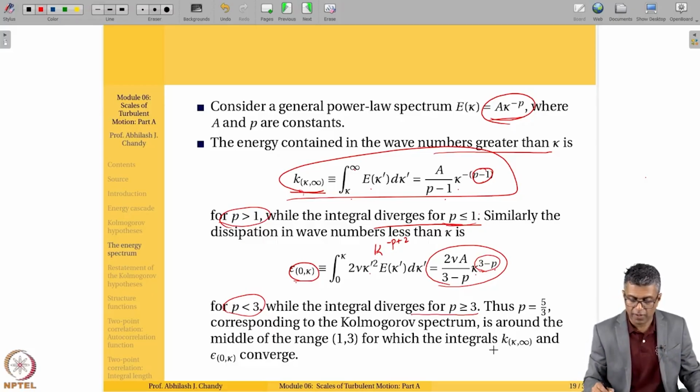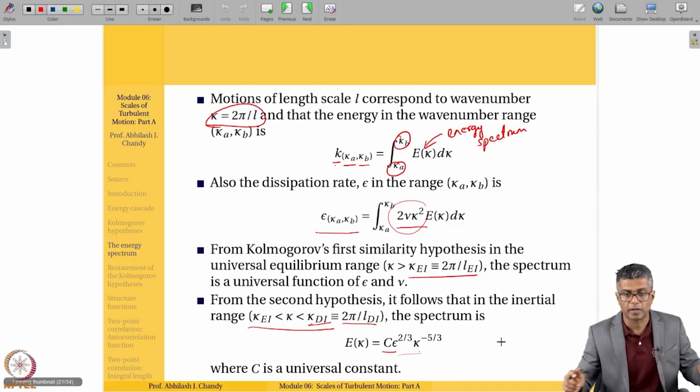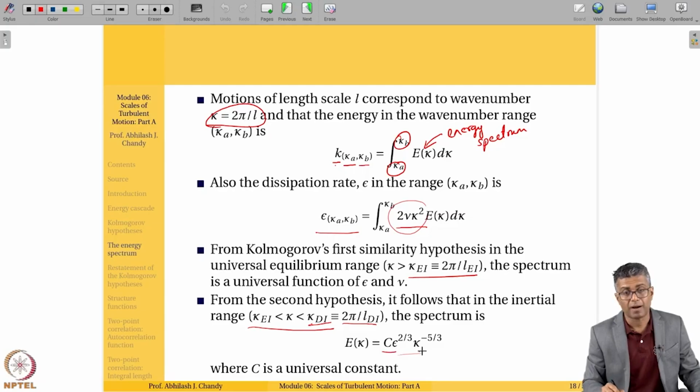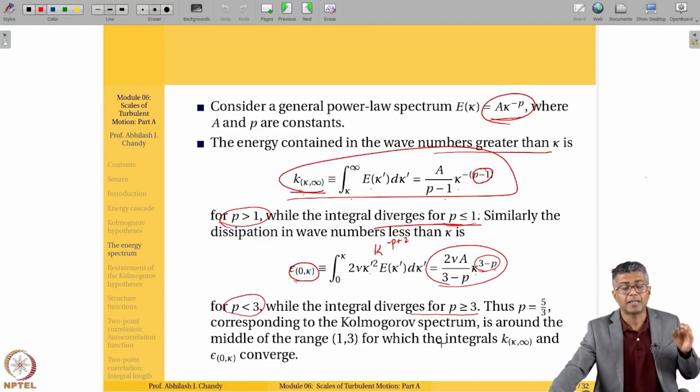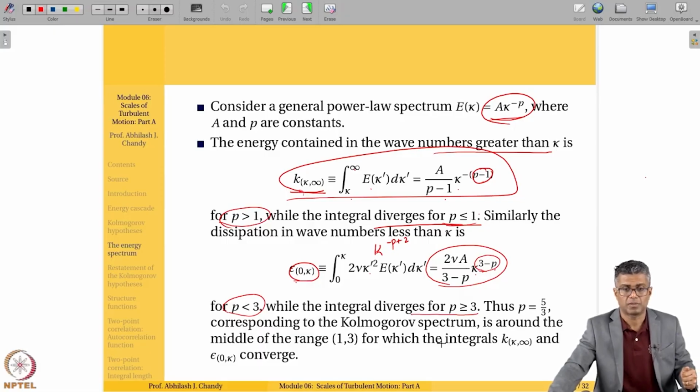So what we have is when we wrote earlier that E kappa is C epsilon to the 2/3 kappa to the minus 5/3. Okay, 5/3 does indeed make sense because it is a number between 1 and 3 that makes sure that the turbulent kinetic energy integral converges, and the dissipation integral converges.